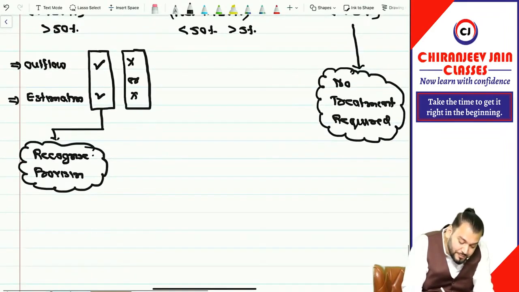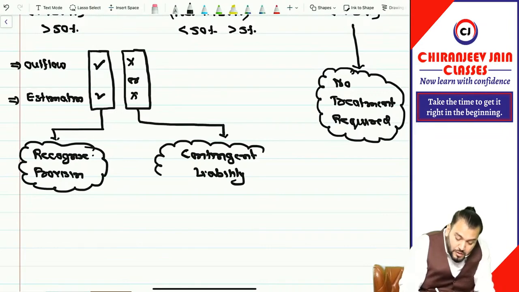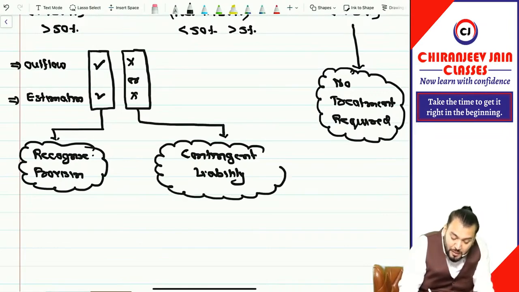Disclose it as contingent liability. So it will become contingent liability. Are you able to understand what I am saying? Have you understood? Contingent liabilities.